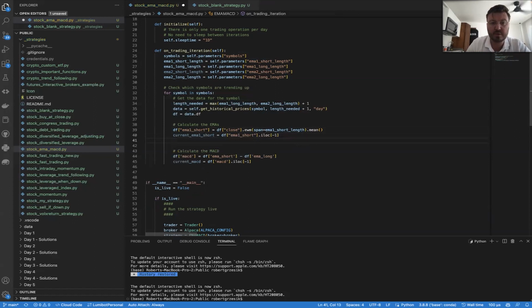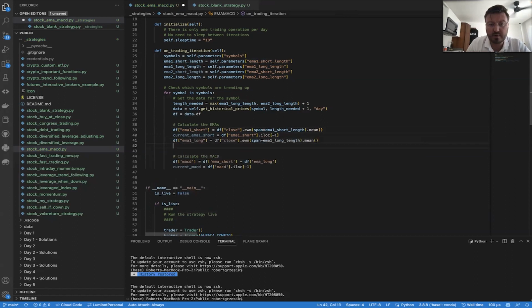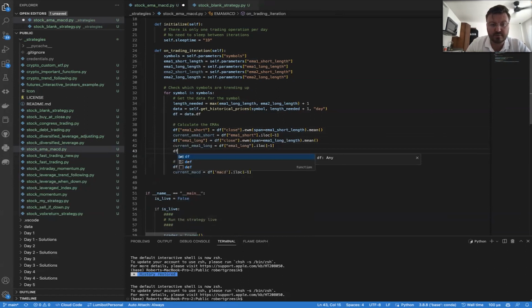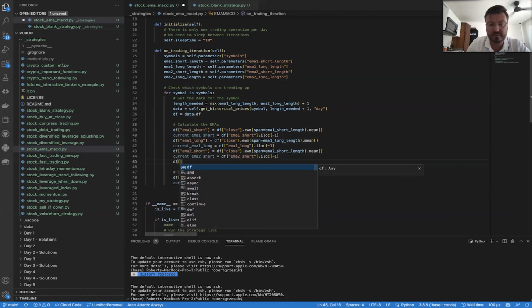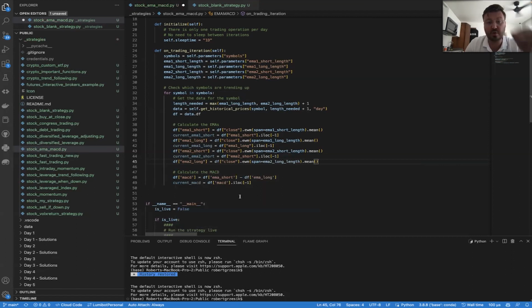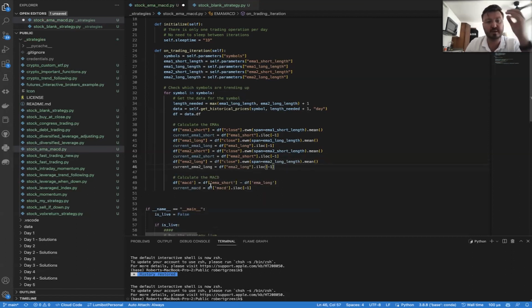Then EMA 1 long, right? We get that. Then EMA 2 short, and then EMA 2 long. Okay, so now we have all four of these EMAs. We have 1 short and long and 2 short and long.